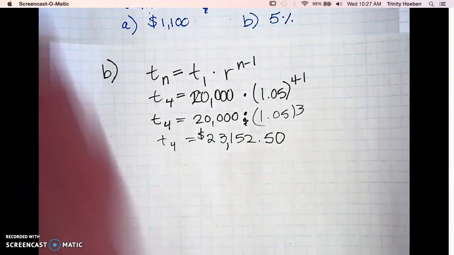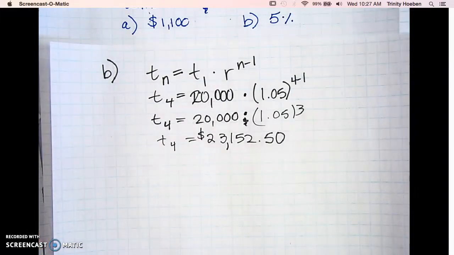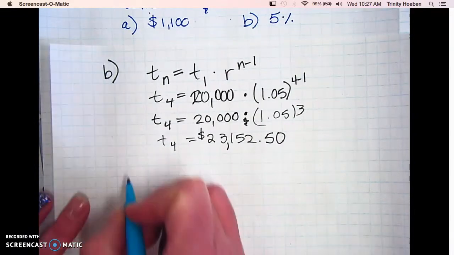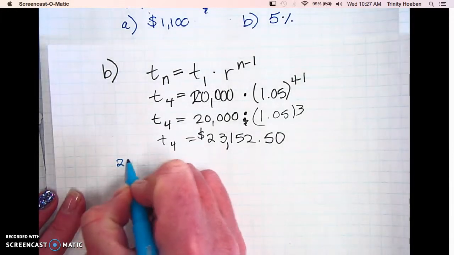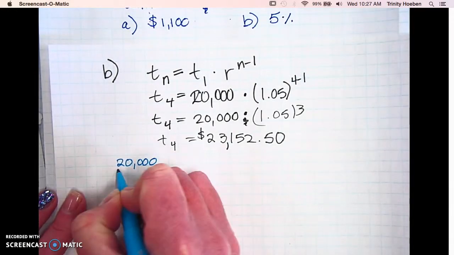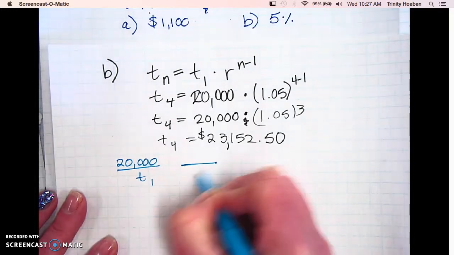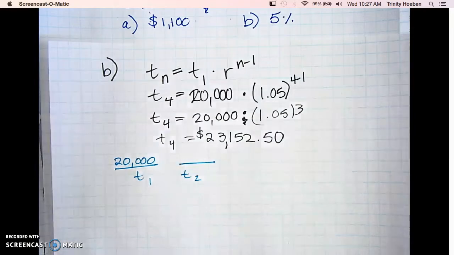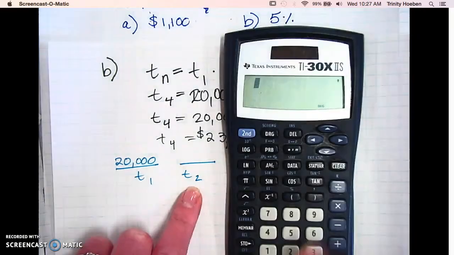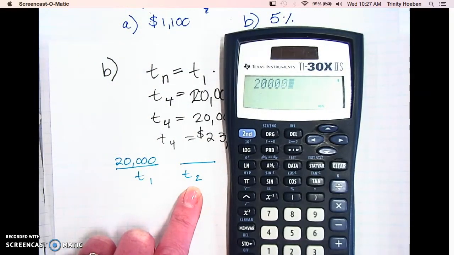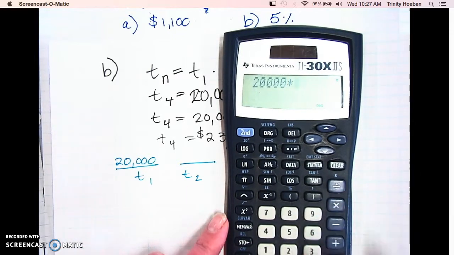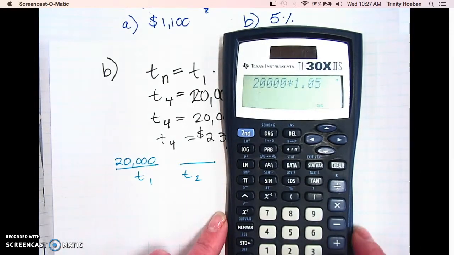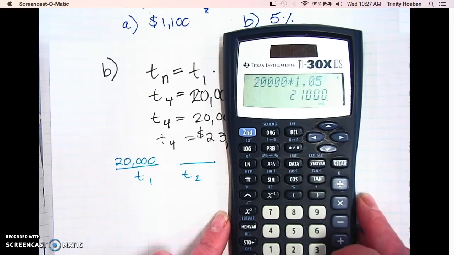All right. So you can calculate this using the formula, or just arithmetically, because it's only 4 years, just do the sequence. So start with the 20,000. That's year 1. Year 2, take that number and multiply it by what? 1.05. So you've got 20,000, make sure you get the right amount of zeros, times 1.05. Did I type that in right? Yes.